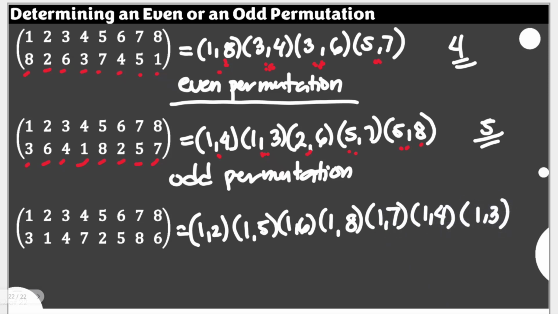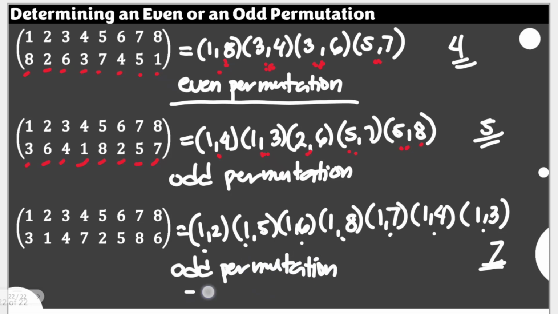Again, you might want to review our previous video for this. So you have 1, 2, 3, 4, 5, 6, and 7. That's 7 transpositions. With this in mind, we are now sure that this last permutation is classified as an odd permutation as well, because it has an odd number of transpositions.